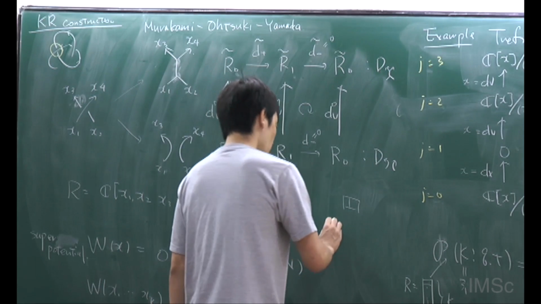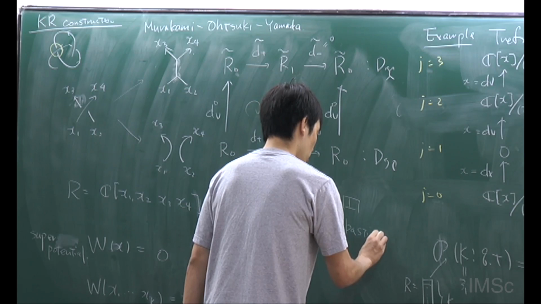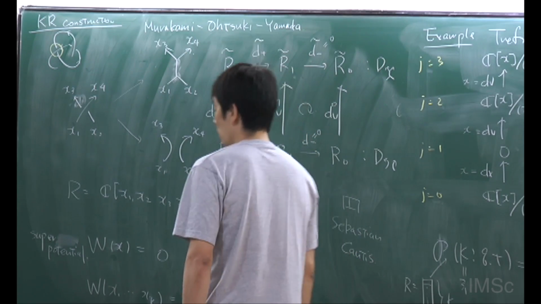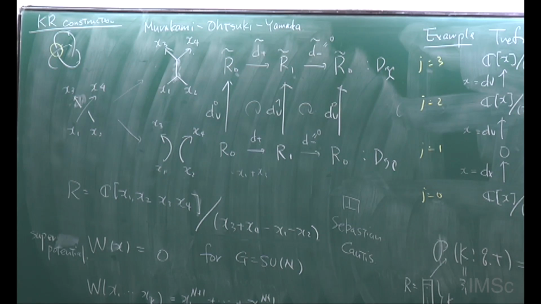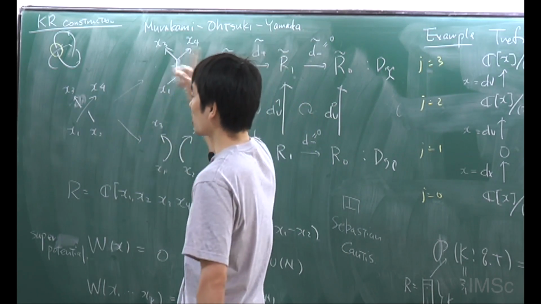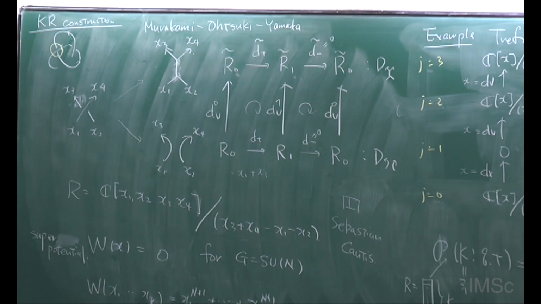And recently, Sebastian Cautis has constructed the triple graded knot homology colored by any representation, using a different method. This is the original Khovanov-Rozansky construction, but he used a different method to define a knot homology.